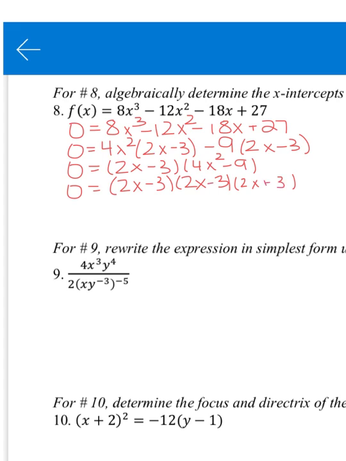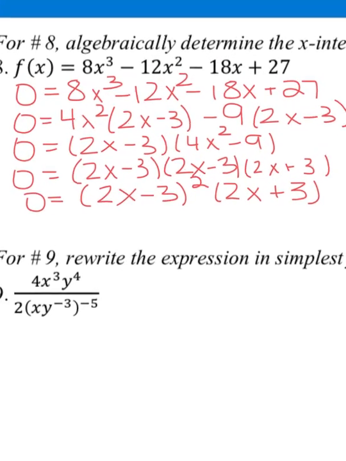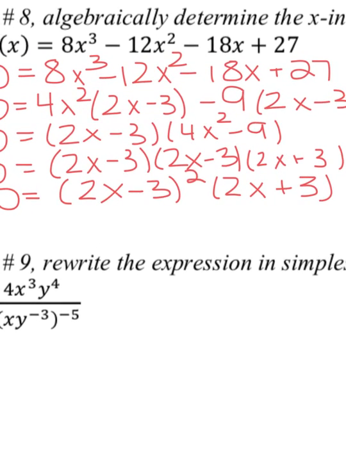So this 2x minus 3 times 2x minus 3, for the sake of the multiplicity, I'm going to write this as 2x minus 3 squared times 2x plus 3. Okay, so the first factor gives me a 0 at x equals 3 over 2.